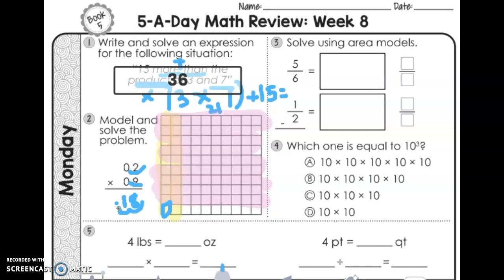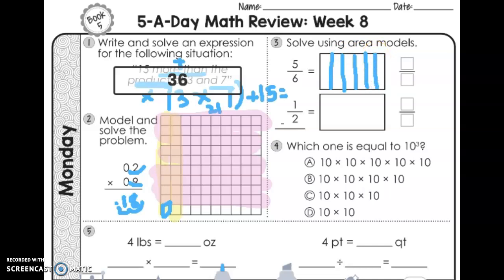All right. Moving right along, our next one asked us to subtract 5/6 minus 1/2. And we know that when we are adding or subtracting fractions, we must have a common denominator. So it sets up these area models so we can just make it on the shapes here. So let's first start by dividing this number into sixths. 1, 2, 3, 4, 5, 6.